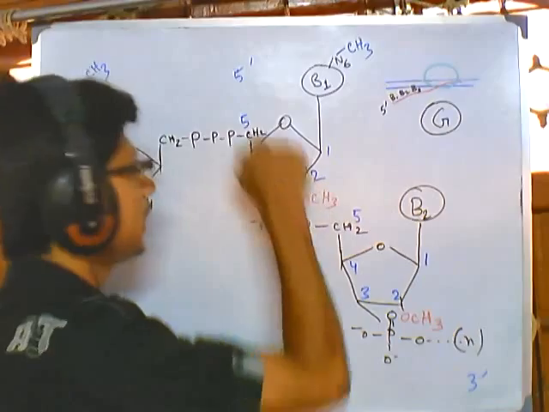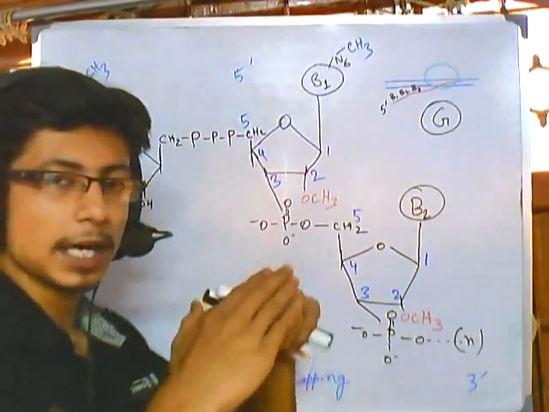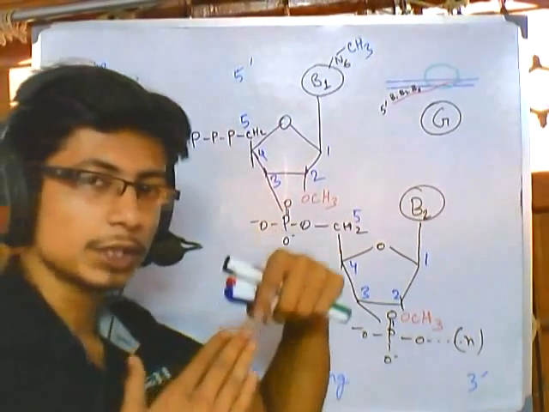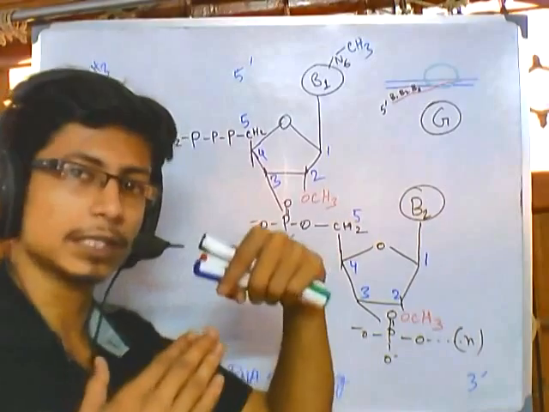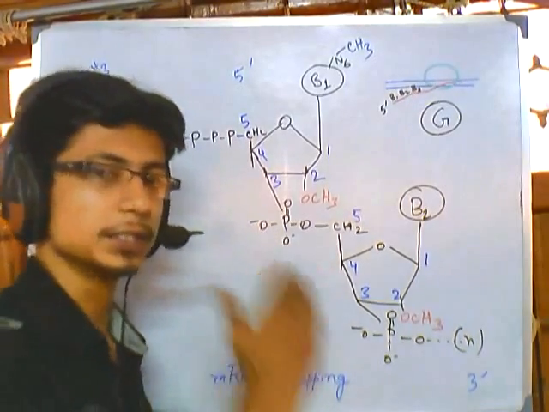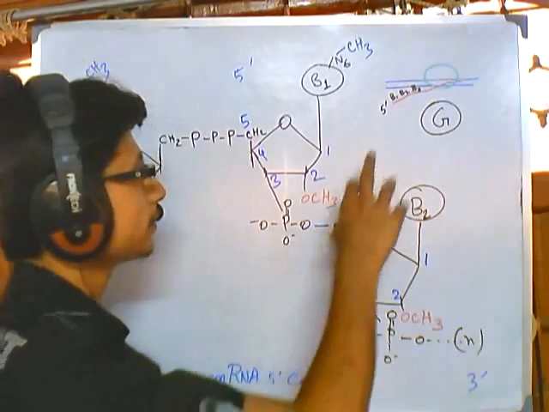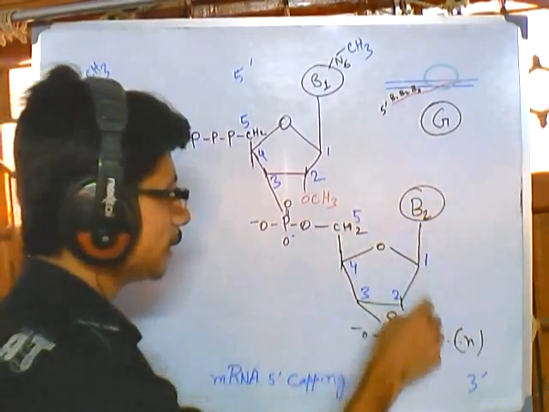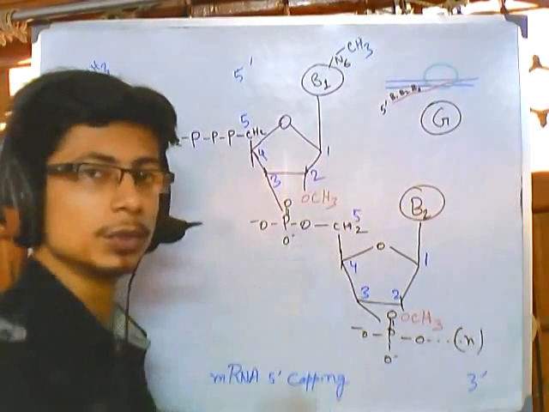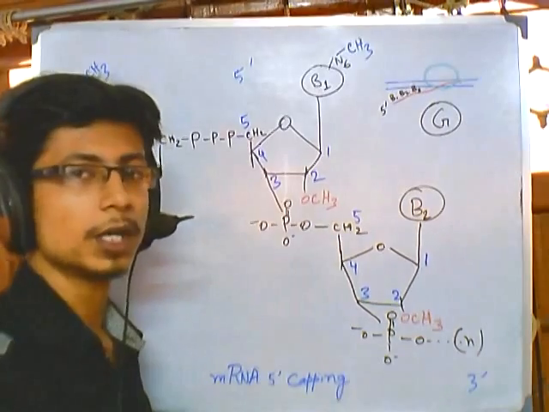So carbon numbers 3 and 5 simultaneously provide the position for the nucleotides to be attached with each other via the phosphodiester linkage. Now on the other hand, this last one, carbon number 2, it is responsible for the production.